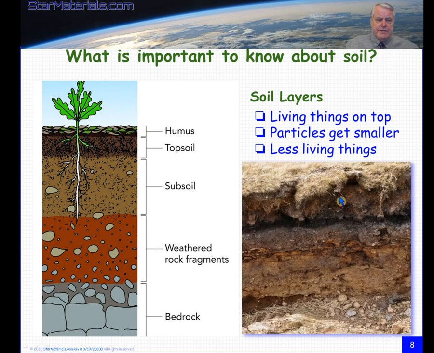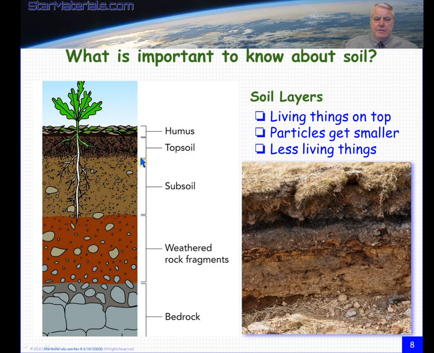Here's what the layers sometimes look like. We have humus, the living layer here. Think grass. Under that is the topsoil, and that is the soil that's on the top. Duh.